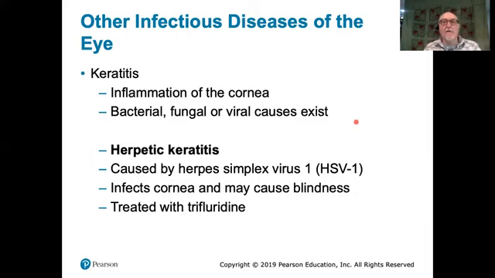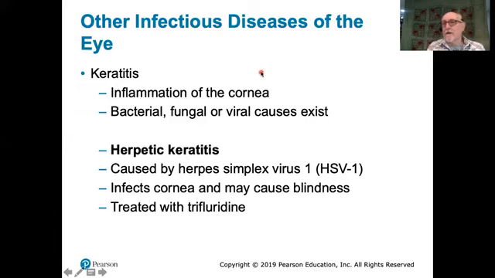I will just mention that there are some of these bacterial infections, even Haemophilus and these things which cause conjunctivitis, that can actually cause a specific inflammation of the cornea, and that's called keratitis.